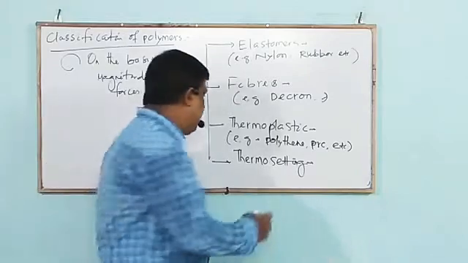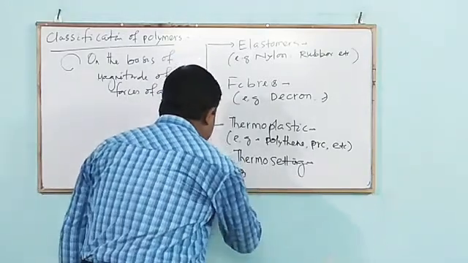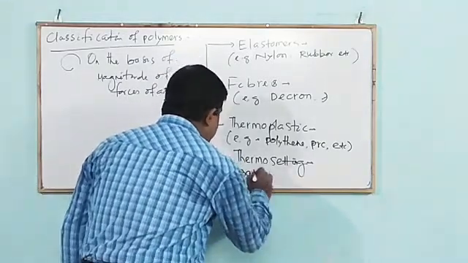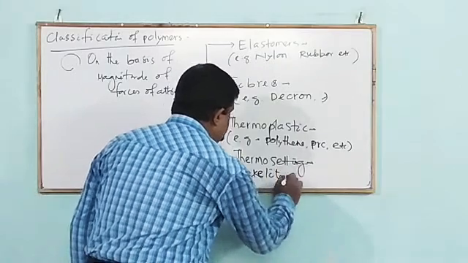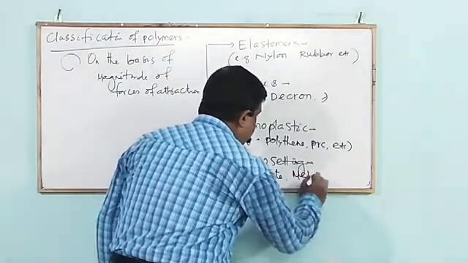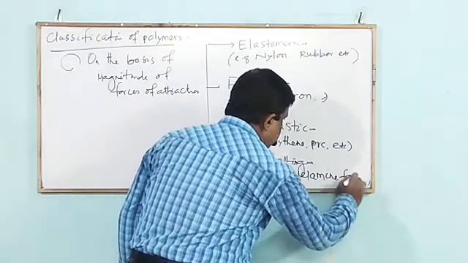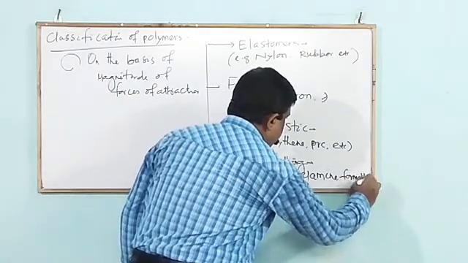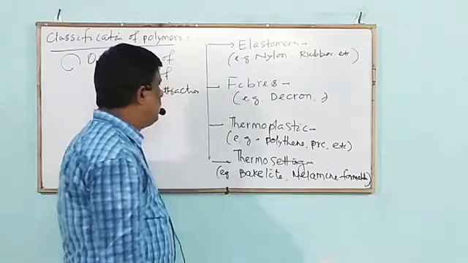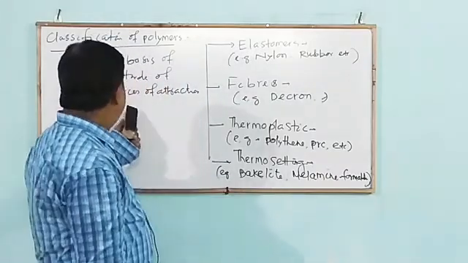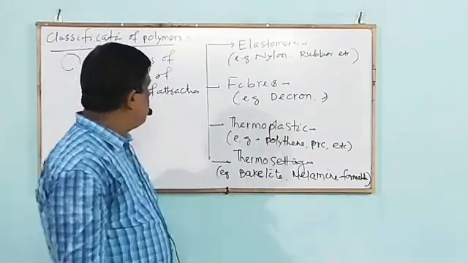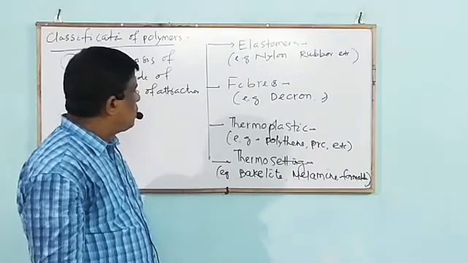For example, bakelite, melamine formaldehyde resin, urea formaldehyde resin, etc.